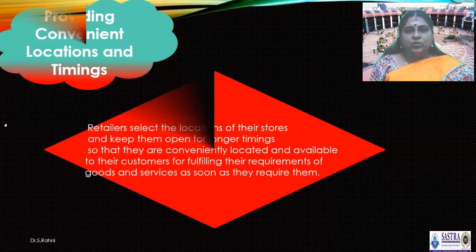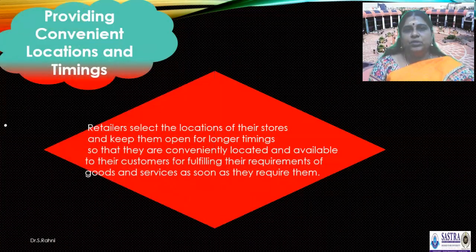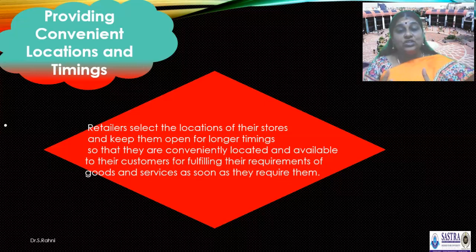The next point we are going to talk about is providing convenient locations and timings. Retailers select the location of their stores and keep them open for longer timings so that they are conveniently located and available to their customers for fulfilling their requirements of goods and services as soon as they require them. This is also one of the very important concepts we should look into in distribution.